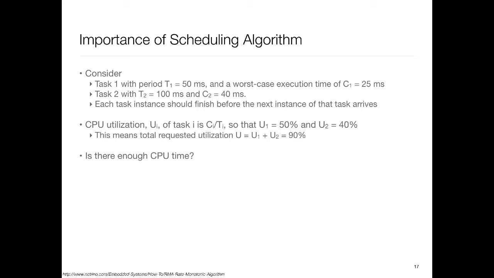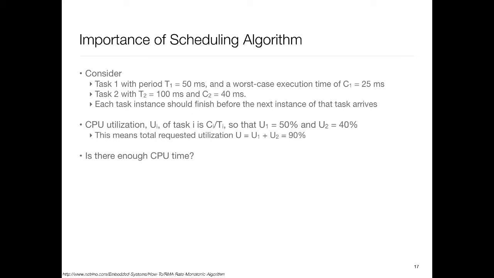If they needed more than 100% of the CPU, obviously I can't handle this load, but 90%. So is there enough CPU time? Now, if deadlines were not an issue, then this is enough CPU time. If I didn't have to meet any deadline, it could be that I may not be able to finish an instance of task 2 before the next copy arrives.